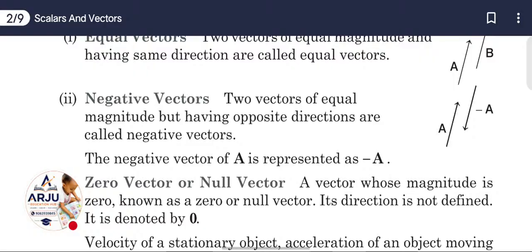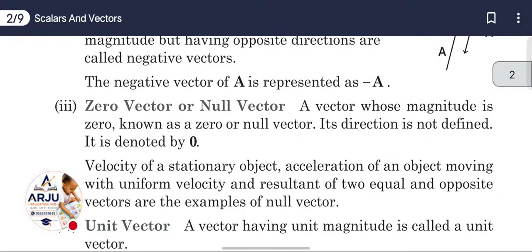Now next one, the zero vector or null vector. A vector whose magnitude is 0 is known as a zero or null vector. Its direction is not defined, and it is denoted by 0.